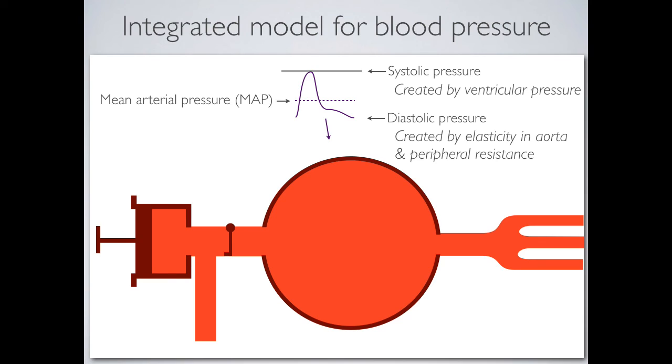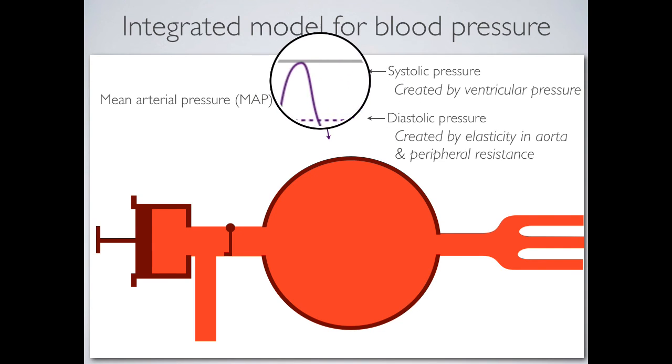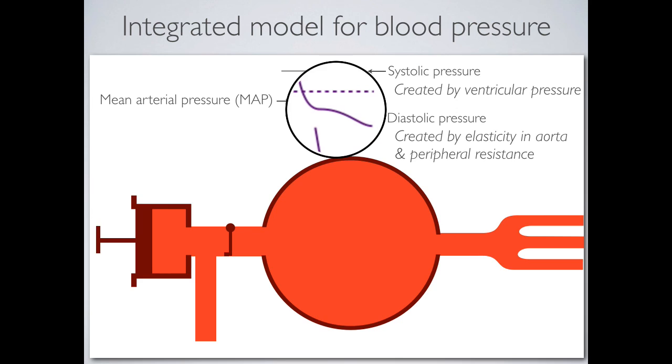If we want to monitor pressure, it's quite often useful to focus on a single value. You could get that value by monitoring these oscillations in pressure over time, and if you take the mean value, it would be approximately close to that dotted line. That dotted line is what's called the mean arterial pressure. It's just the mean as a function of time.